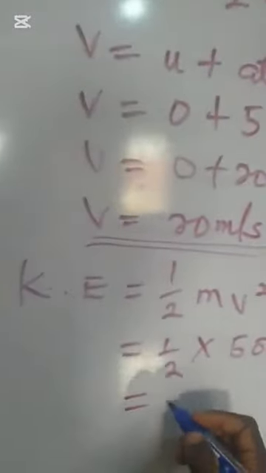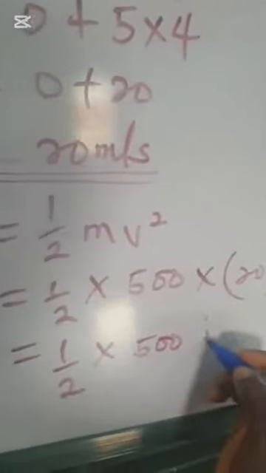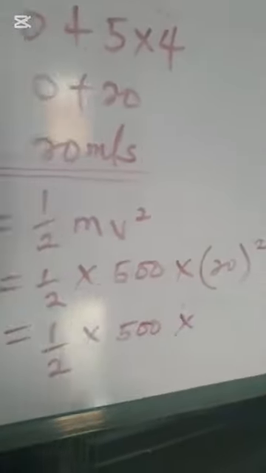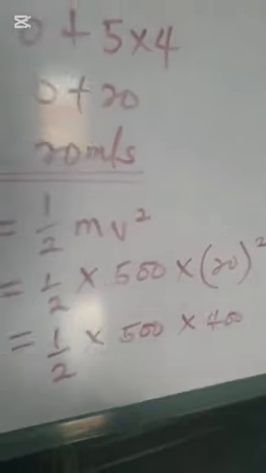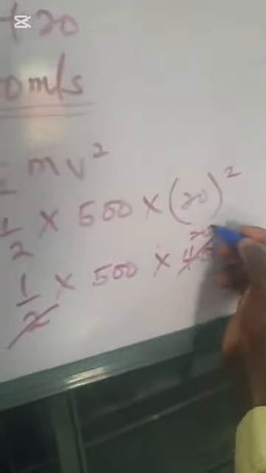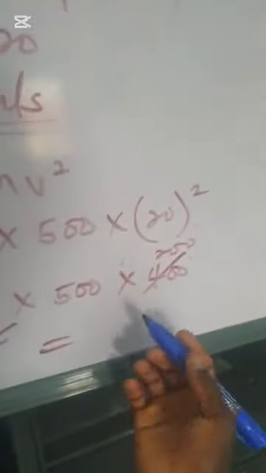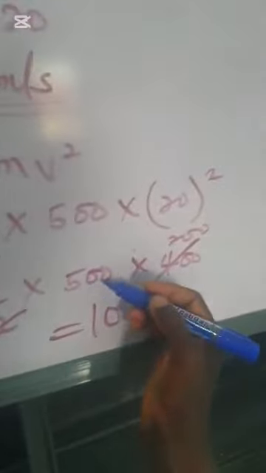So now it's going to be 1 over 2 times 500 multiplied by our 20 square, which is 400. So now 2 can go into 400 and give us 200. Then our final answer is 500 times 200. 5 times 2 is 10. Then how many zeros remaining? We have 2 here, 2 here, making 4 zeros.